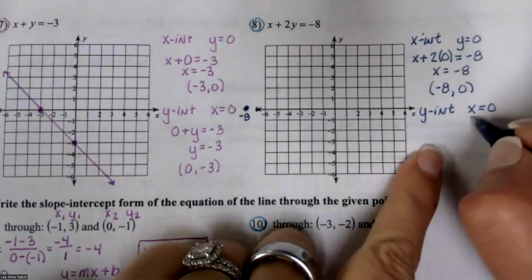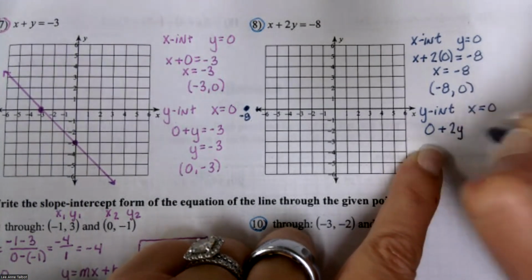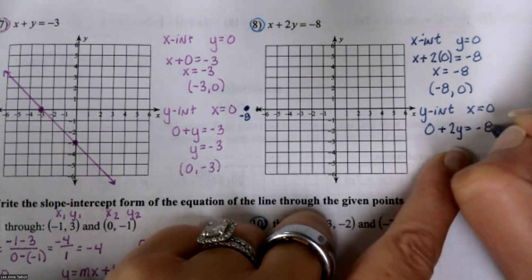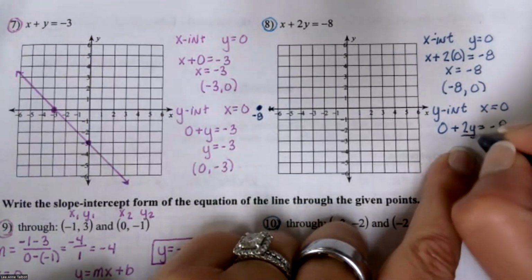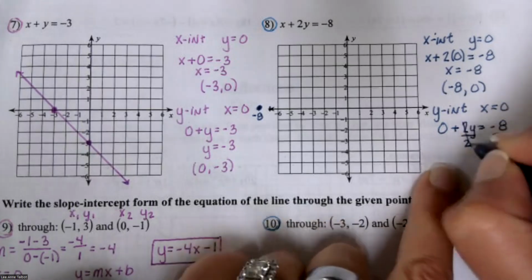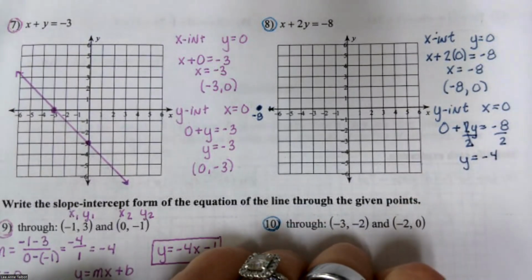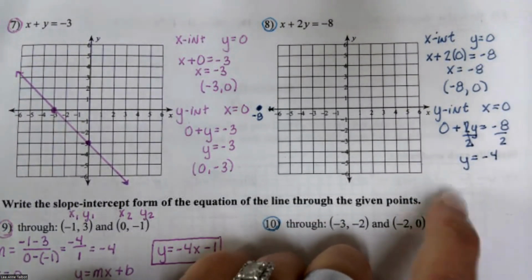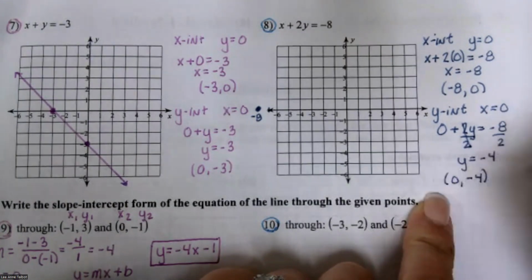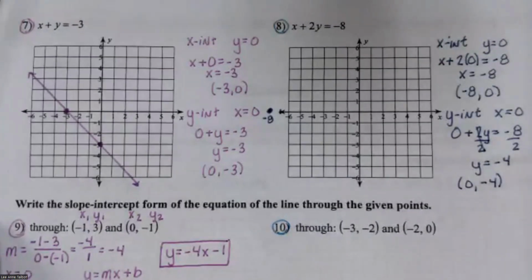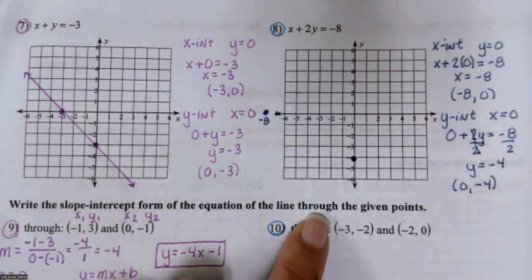Okay, now I'm going to put 0 in the x spot. 0 plus 2y equals -8. Divide by 2. Y equals -4. 0, -4. 0, -4 is right there.